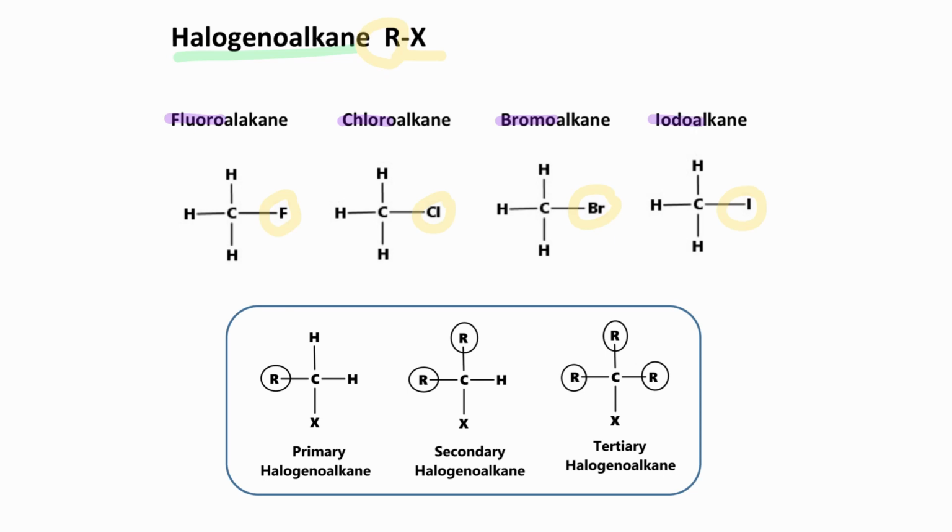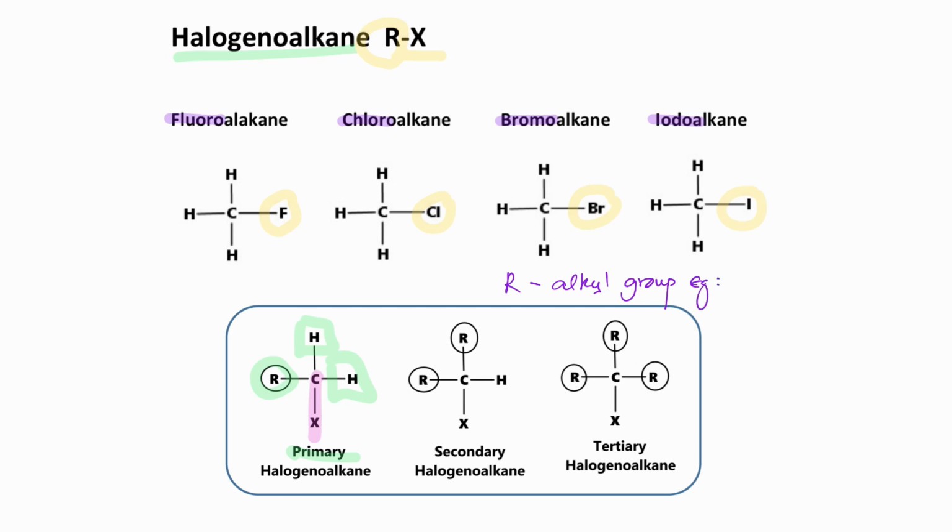So we can group halogenoalkane into 3 different groups, where the very first one is primary halogenoalkane. Primary halogenoalkane is where the C that is bonded to the halogen is bonded to 1R and 2H. What is R? R is an alkyl group, an alkane as a branch, so it is a carbon chain.